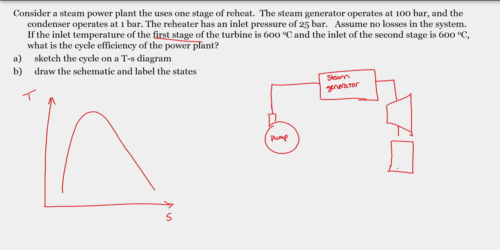The heat exchangers will share common features as well. But this allows it to be a little easier for us to analyze. So here's the second stage of the turbine. So I'm going to call this T1. So there's the first stage of the turbine. There's the second stage, T2. And here's my reheater. And we leave the second stage of the turbine. We go through our condenser.